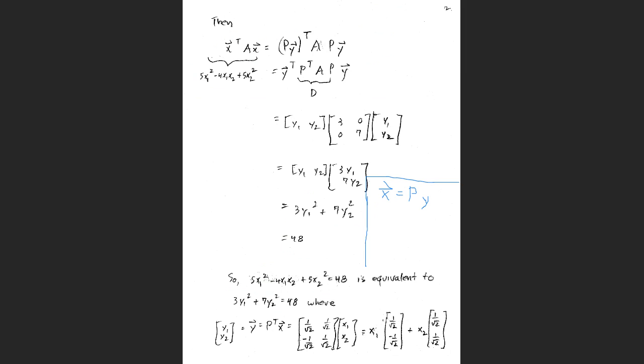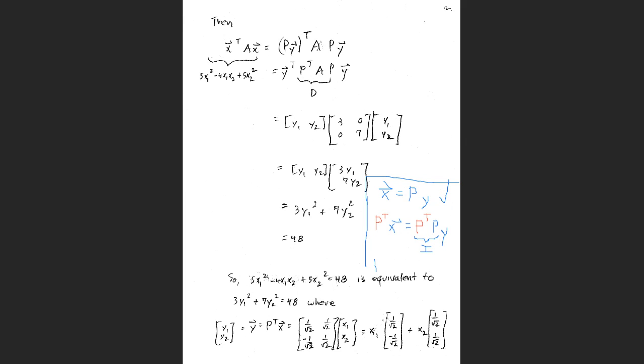But that means that if I multiply by P transpose on the left side of the equation, when I did my change of variable, I'll get P transpose times P y, but P transpose times P is the identity.